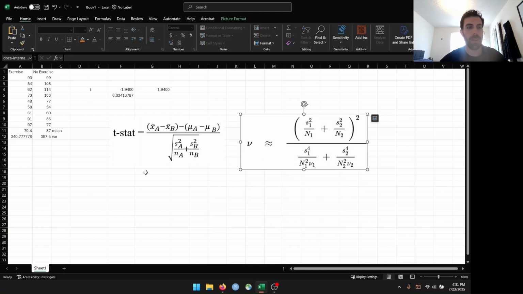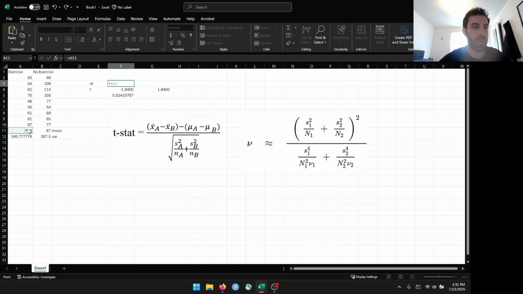Okay, let's calculate the proper degrees of freedom. So the degrees of freedom should be equal to the variance over the sample size, which is 10 for both of them, plus the variance over the sample size. That quantity squared is my numerator. And then I'm going to divide by, I know this is a little confusing, you have the standard deviation to the fourth, but that's the same thing as the variance squared.